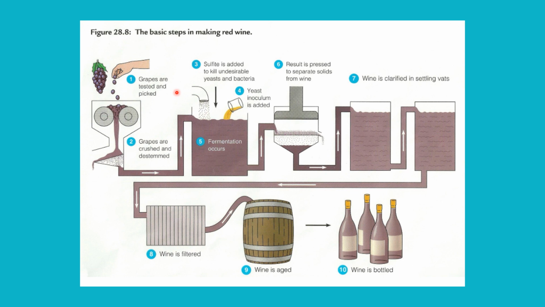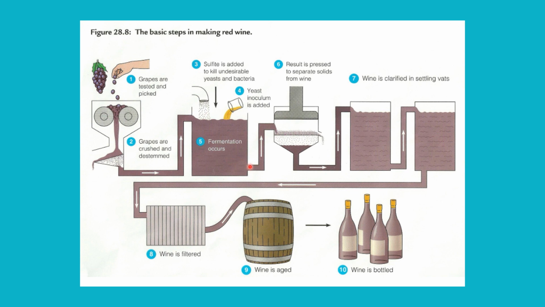So that's why sulfite is added. After that, you add the yeast that you want. You're going to use yeast to help ferment the wine. So that's the step now where you're adding the yeast that you want, and then you mix it in and you let it ferment. So the yeast is breaking down those sugars and making the alcohol, the wine.